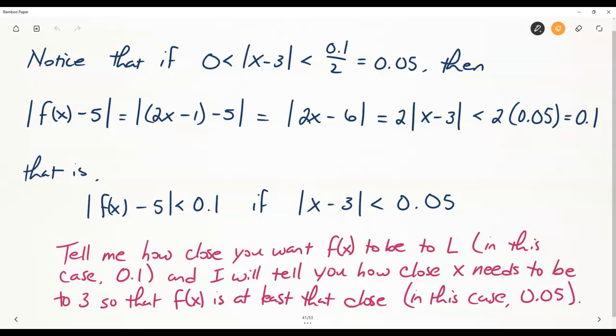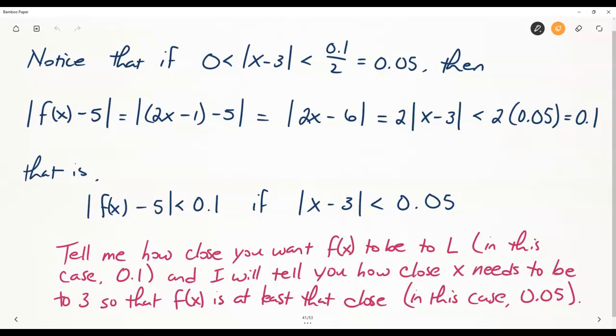So what this line at the bottom says, this part of it says, I want you to tell me just how close our function is supposed to be to 5. If you do that, I should be able to give you a number delta that tells you that if you're at least as close to 3 as that value, then the original inequality is going to be satisfied.